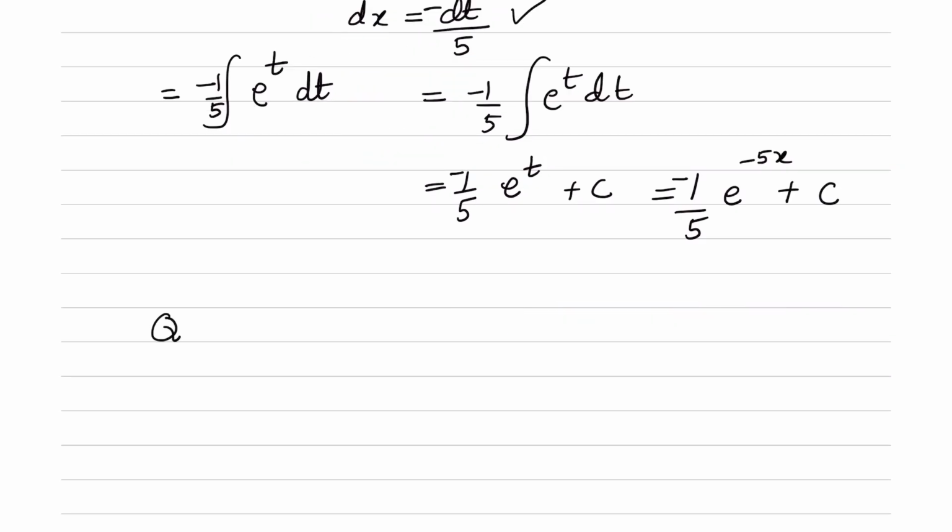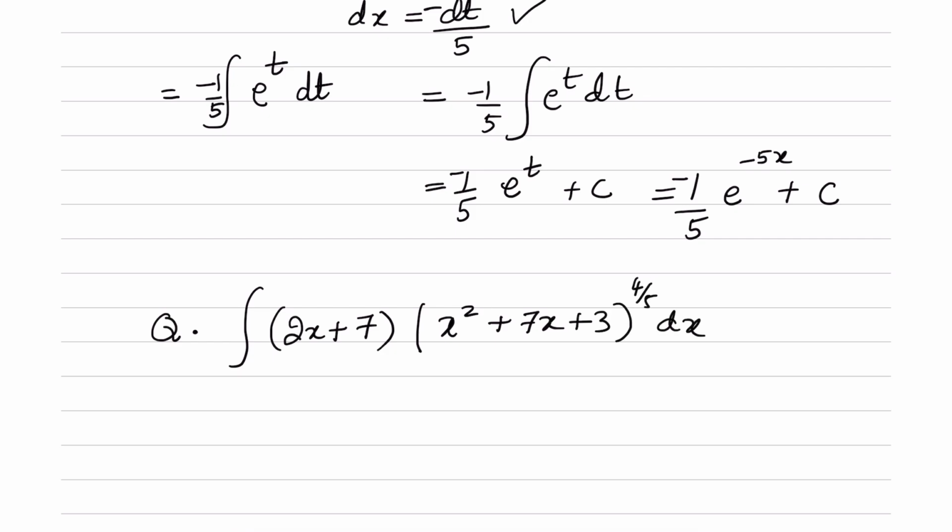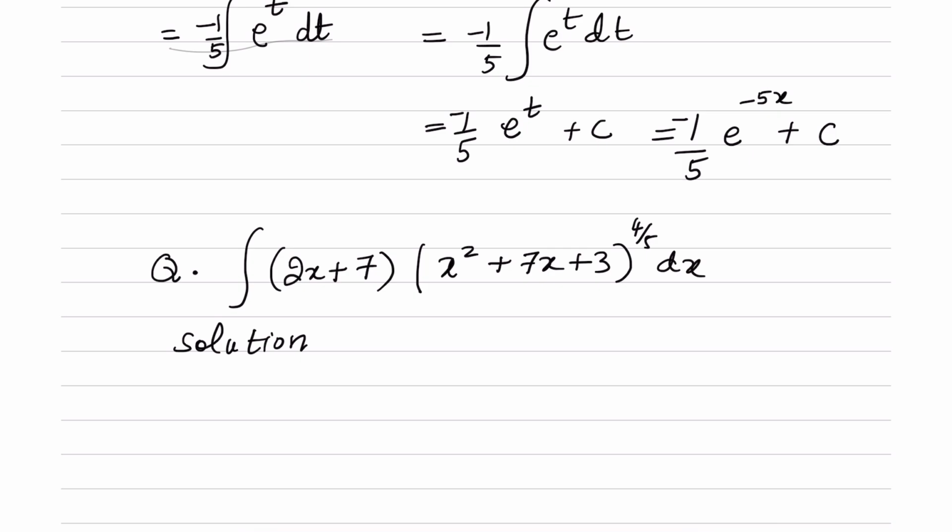Let's solve another integral. This time we have integral of 2x plus 7 into x square plus 7x plus 3 whole power 4 by 5 dx. Now before we solve this integral, let's see that this integral has two parts.